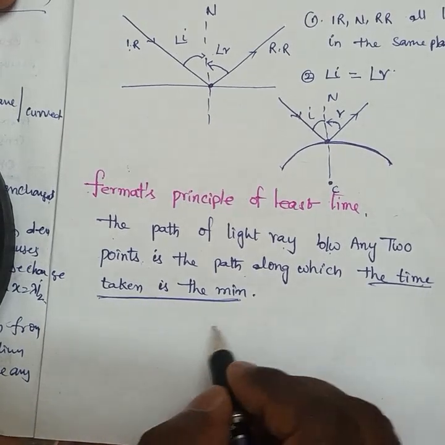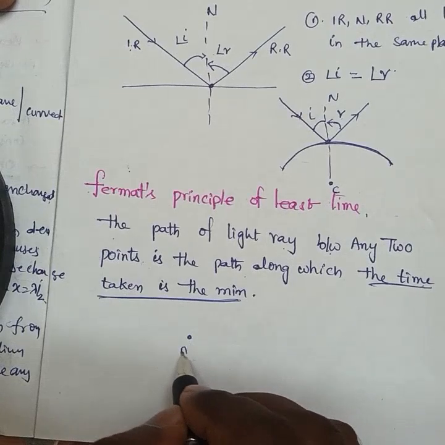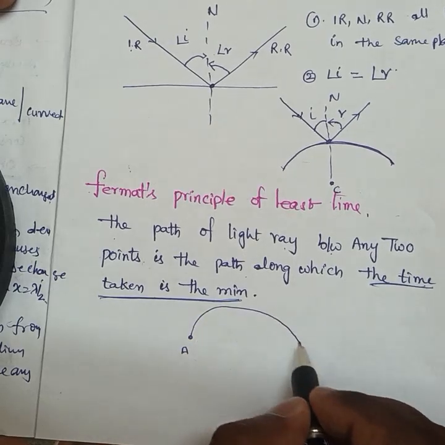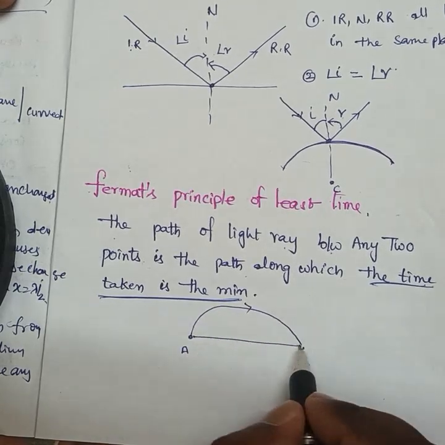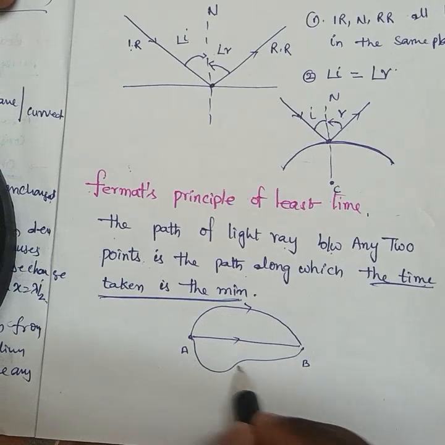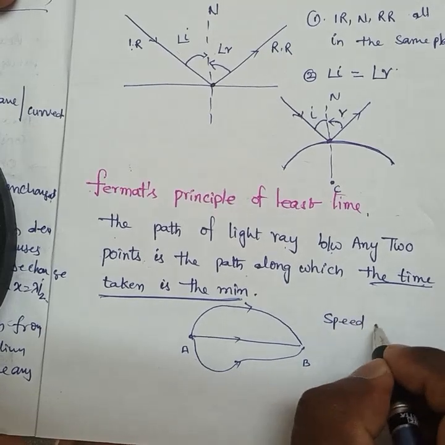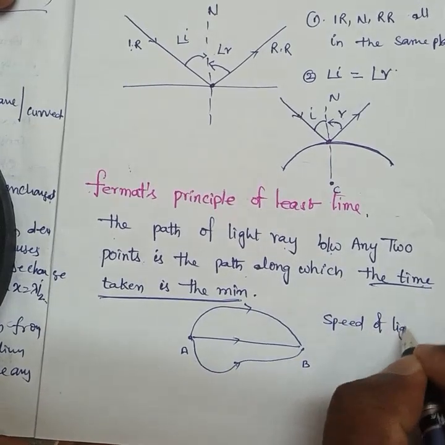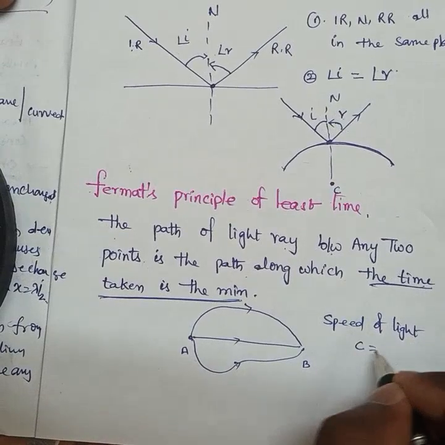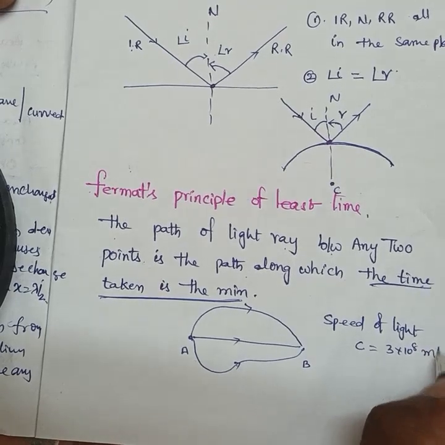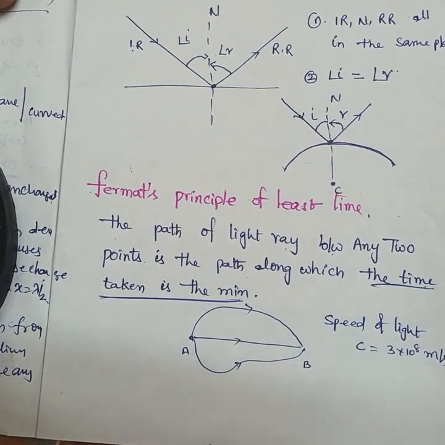For example, take two different points A and B, and consider a number of paths like this, like this, and like this. The speed of light remains constant in a given medium. The speed of light is c, equal to 3 times 10 to the power of 8 meters per second, if we consider an air medium.